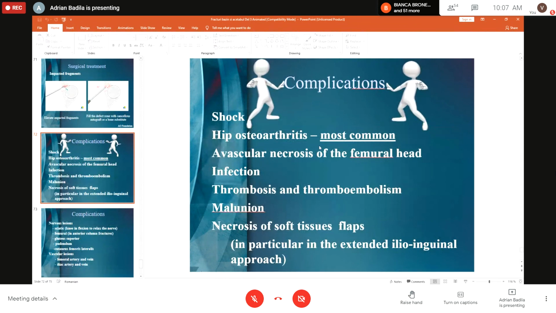Complications. The most common complication is hip osteoarthritis, shock as an early complication, avascular necrosis of the femoral head if we had a dislocation of the hip, infections, thrombosis and thromboembolism, malunion, and in some cases necrosis of soft tissue flaps in extended approaches for surgical treatment.